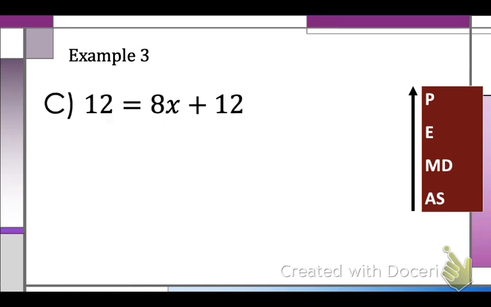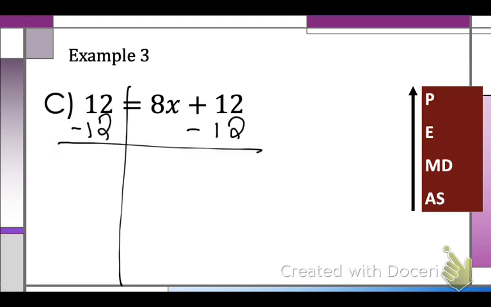Okay, again, we're going to undo the adding or subtracting first. So in this case, I'm going to subtract 12 from both sides. 12 minus 12 is 0. So 0 equals, I got rid of the 12s, 0 equals 8x.